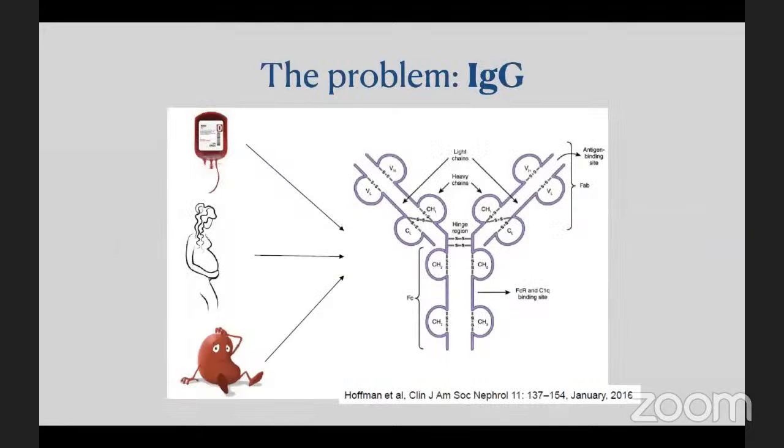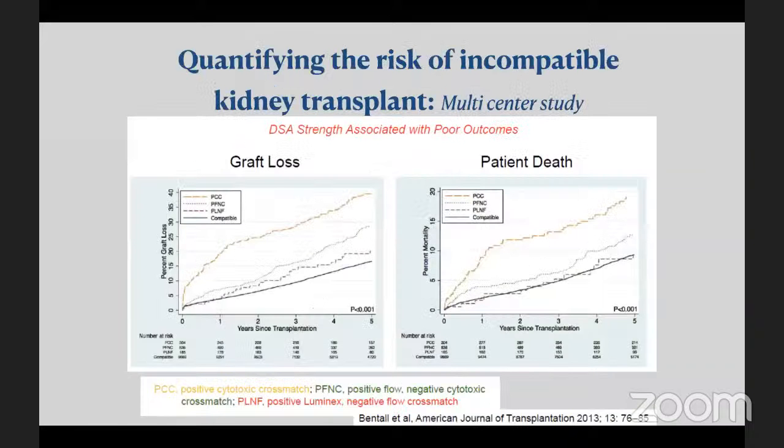We know that the antibody which produces a positive cross match is an IgG antibody, and the major cause of this IgG antibody is a sensitizing event, which could be either blood transfusions, multiple pregnancies, or a failed solid organ transplant.